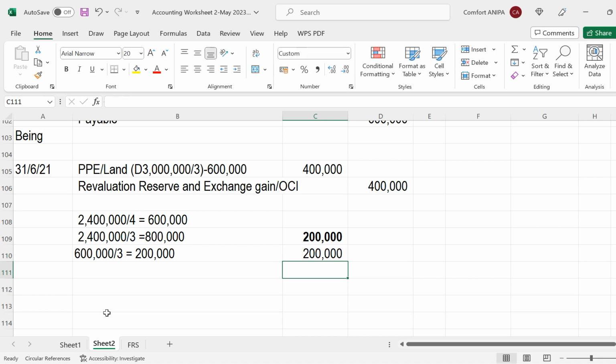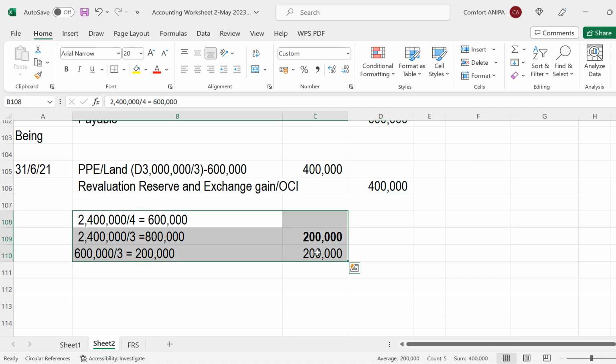That's giving us a total of 400,000, which will all be recognized in OCI. That is the point I want to emphasize. So you can just record the 400,000 in OCI and you'll be fine. But in case you want to know how much of the 400,000 is an exchange gain and how much is revaluation gain, then you may want to look at this breakdown. So that is it about revaluation.